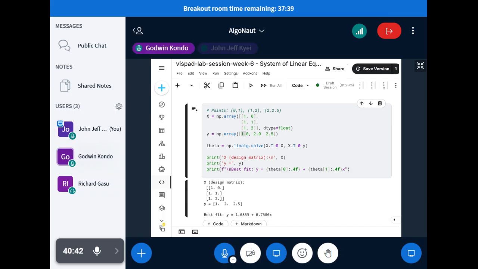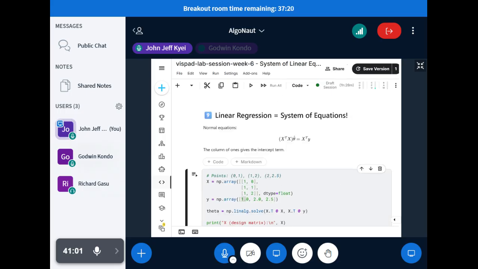Yeah, Daniel. I think it's because it was a 3 by 2 matrix, and then the other one was a 2 by 1 matrix. No, this one is away from the matrix.